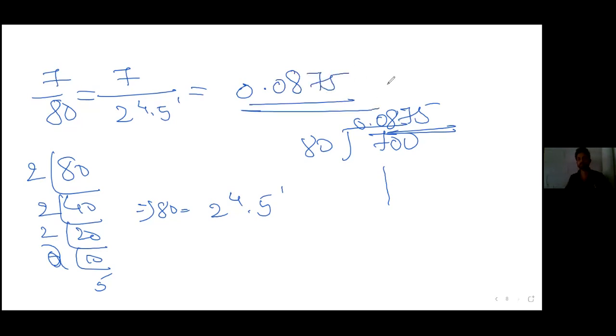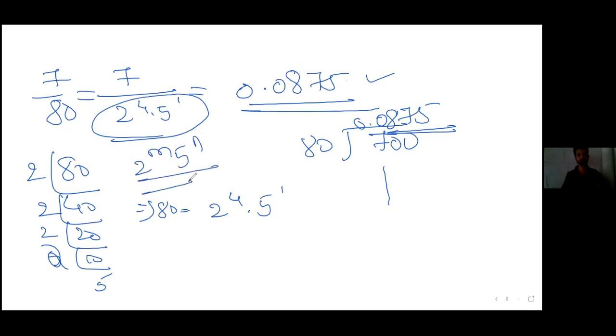You can see the decimal expansion is terminating here. I'm not getting a further expansion of this decimal. So also you can see the form, this is of the form 2 to the power m into 5 to the power n. Clear?